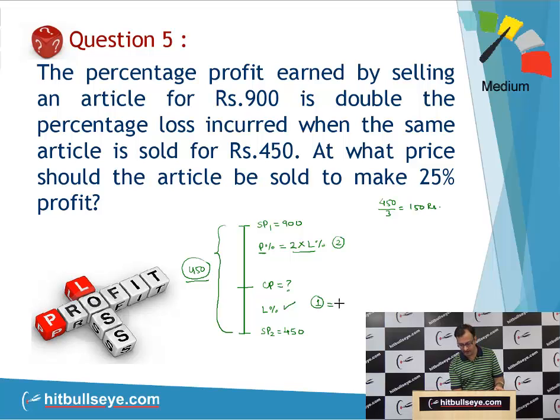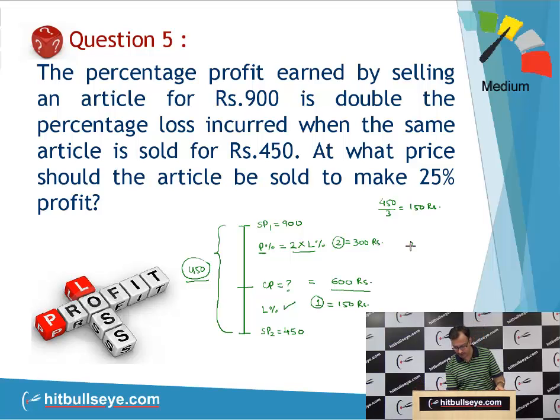So there may be a loss of 150 in the second case and should be a loss of 300 rupees in the first case. Now can we say when there is a profit of 300 rupees in the first case, so cost price comes out to be 600 rupees, and similarly we can say if there is a loss of 150 rupees in the second case, then the cost price must be 600 rupees.